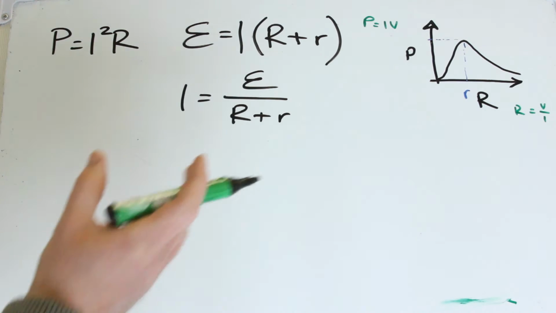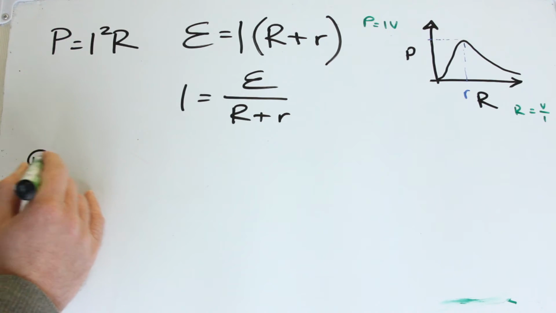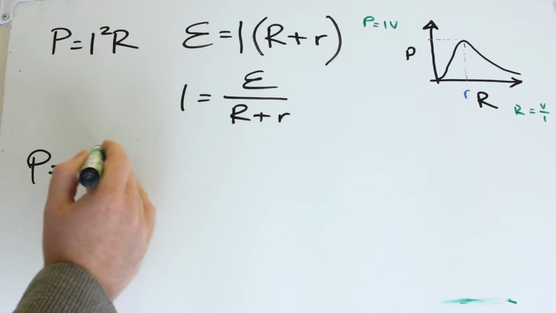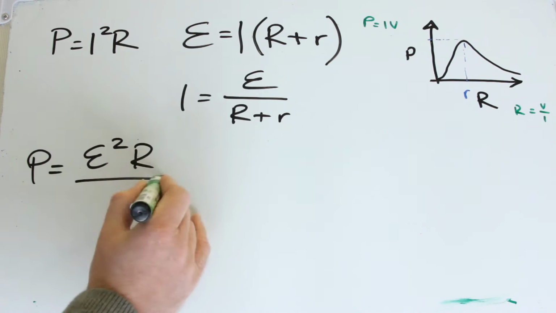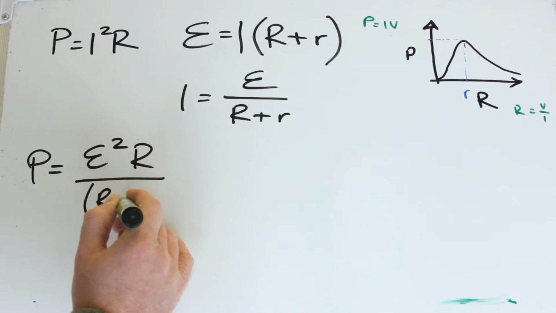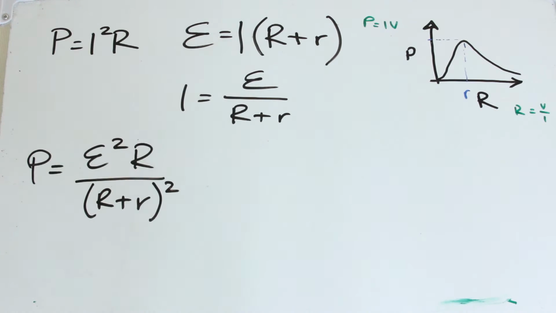And I simply insert that into this equation here. So I've got to square all this when I put it in. Copy the product down there. Okay, this is the equation for that relationship there.